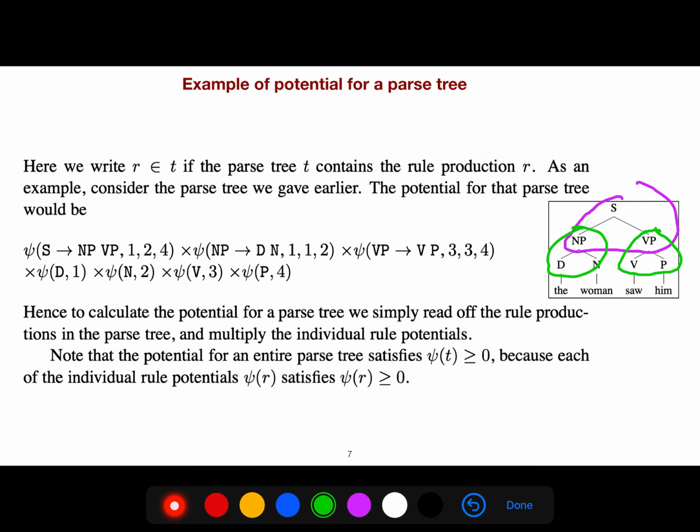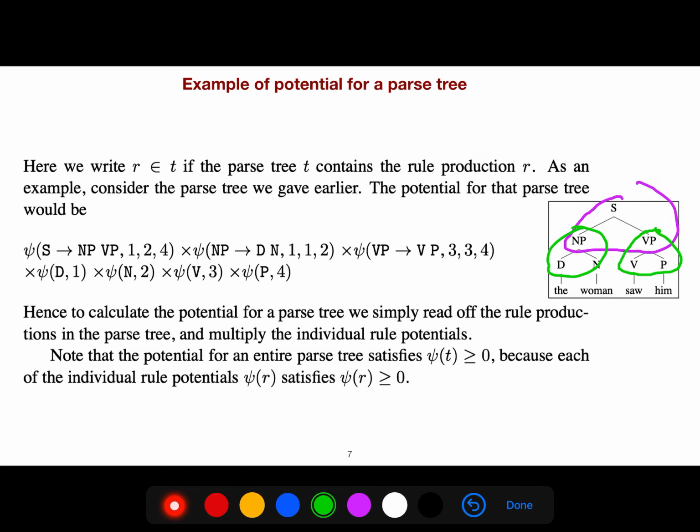But we can define the potential like this: e to the v times phi of r, and we just need to calculate these parameter vectors v. So the potential function of the entire tree becomes this.